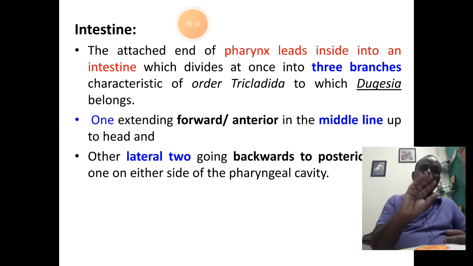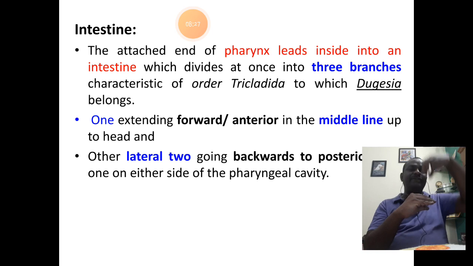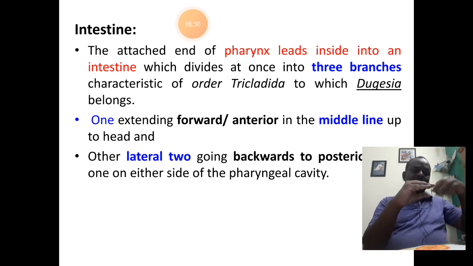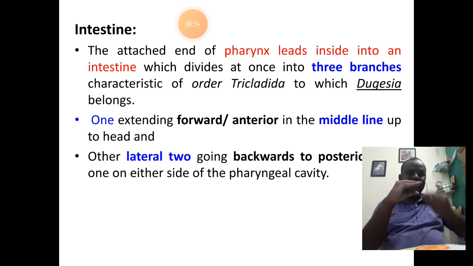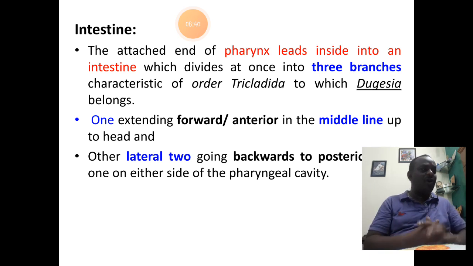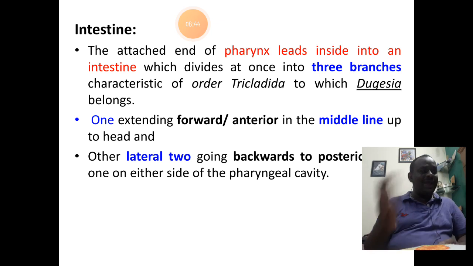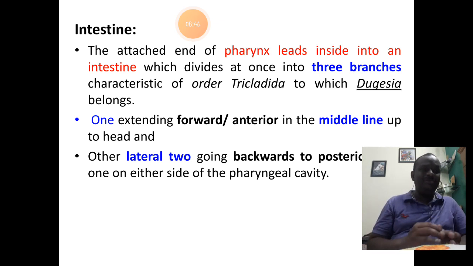So when you look at this, this is the position of the pharynx, and the one which moves upward towards the head we call the anterior branch. Down below you have 2 branches, one towards the right side and the other towards the left side. These 2 branches are lateral in position, hence they are called lateral branches, the right one and the left one.